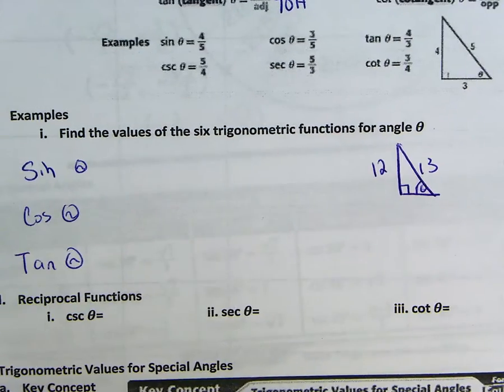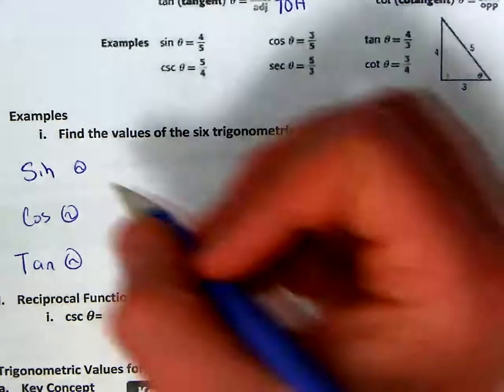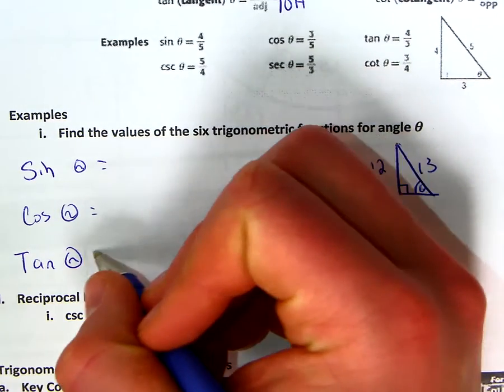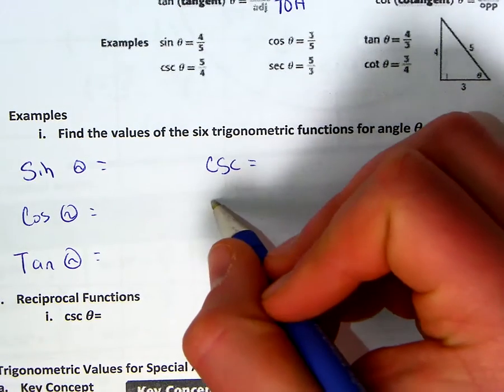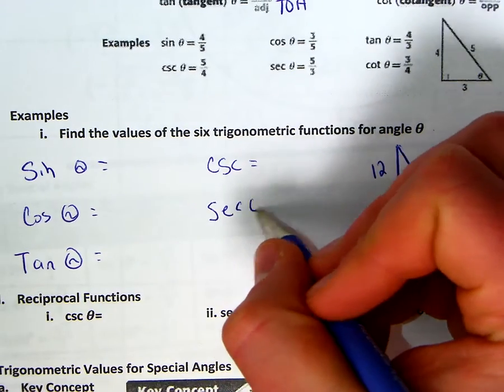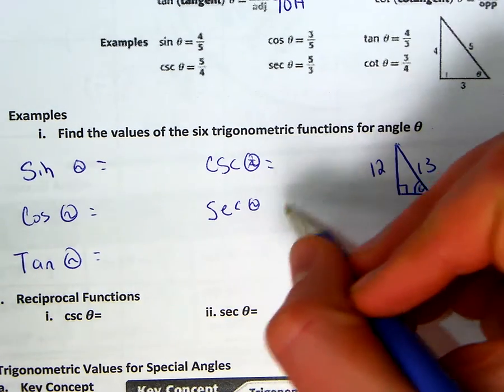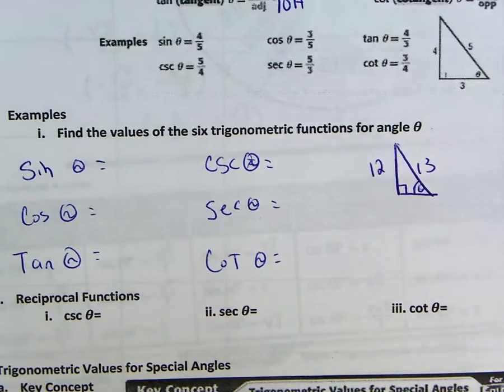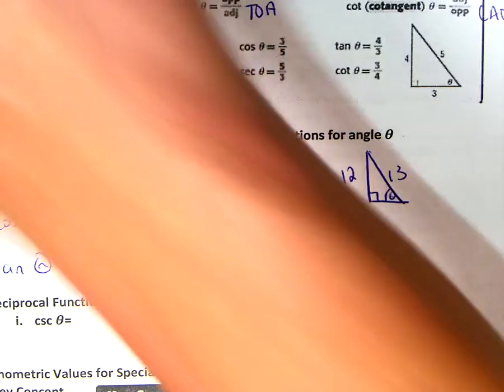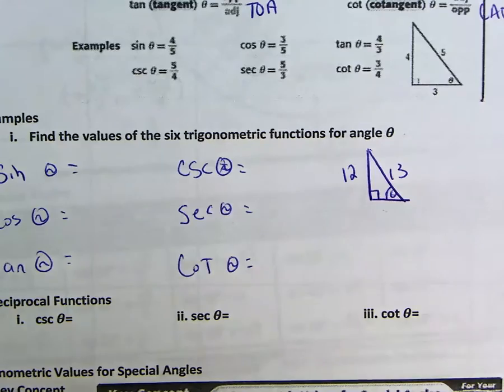Theta is just saying that it's this angle right here. So what are the ratios, what are the fractions we're going to create? And then we have cosecant, secant, and cotangent as well. But first thing, we need to figure out what is this length right here.